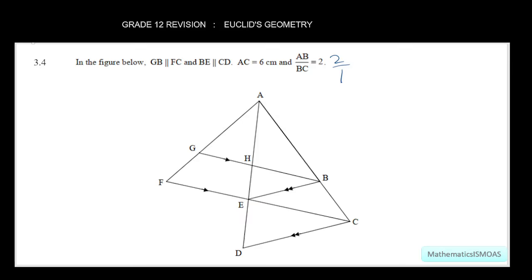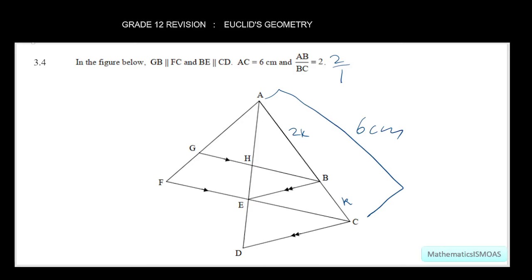That is the ratio of AB to BC, 2K to K. I'm sure by now you understand why I'm having 2K. If not, please go and watch the previous videos where we answer questions on proportionality. The length of AC is 6 centimeters.